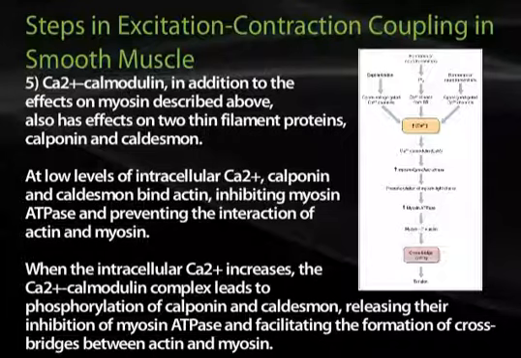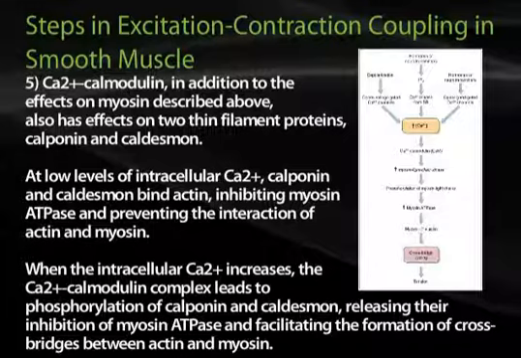5. Calcium-calmodulin, in addition to the effects on myosin described above, also has effects on 2 thin filament proteins, calponin and caldesmon. At low levels of intracellular cytosolic calcium, calponin and caldesmon bind actin, inhibiting myosin ATPase and preventing the interaction of myosin and actin.